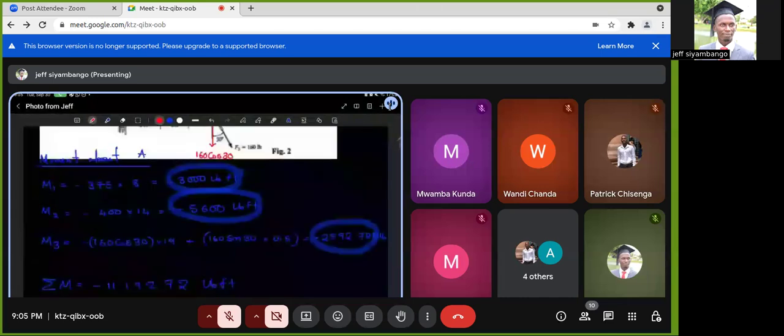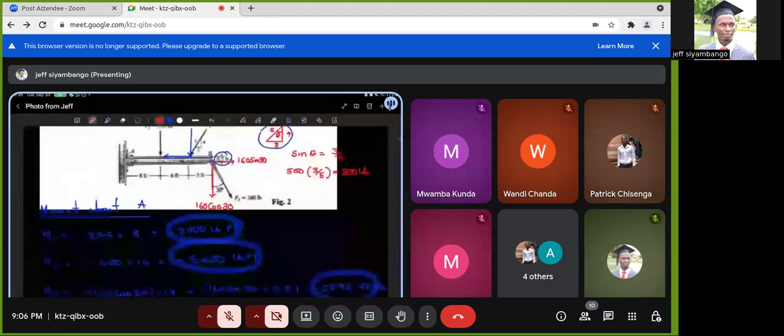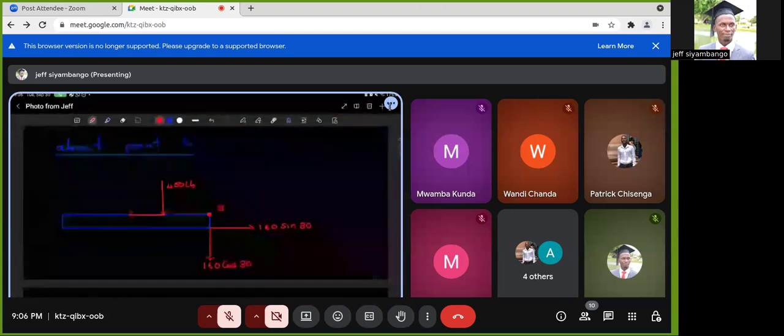The horizontal component, we didn't go that far, we weren't interested in it. But we know that sine theta will be equal to 3 over 5. So the horizontal component of F2 will be 500 multiplying sine theta, which is 3 over 5. And this will give us 300. So the horizontal component is 300.